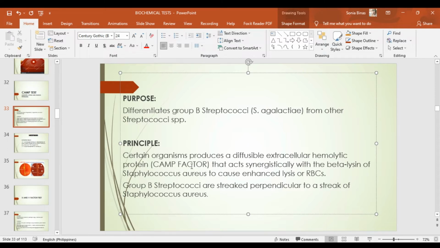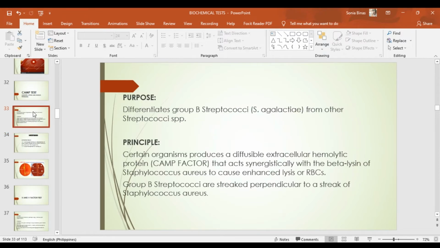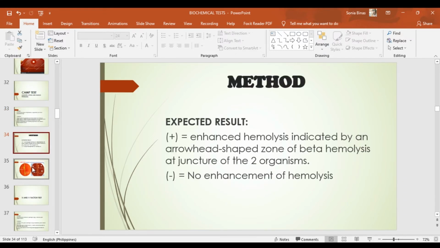Group B strep are streaked perpendicular to a streak of Staphylococcus aureus. So, dito sa test na to, gagamit tayo ng ating control na Staph aureus or ang ating ATCC.